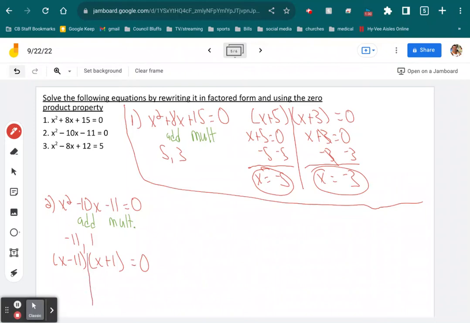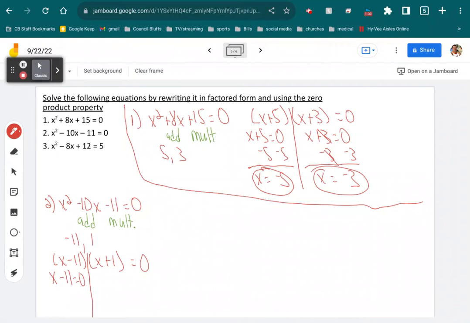Now I can go ahead and use the zero product property. So I can set each of these equal to 0. So x minus 11 equals 0. And then I could also do x plus 1 equals 0. Obviously on the left-hand side here, x minus 11, I'm going to add 11 to both sides. So I'll end up with x equals 11 as my first solution.